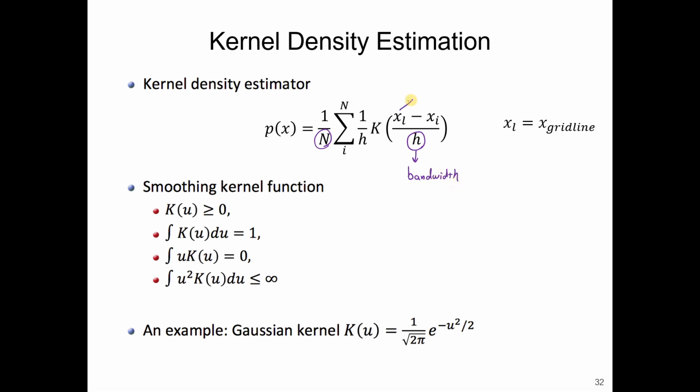This one is our grid line. What is it? We don't know. Grid line. And this one is our data point i, one single data point. And this term here is a normalizer, a normalization constant.